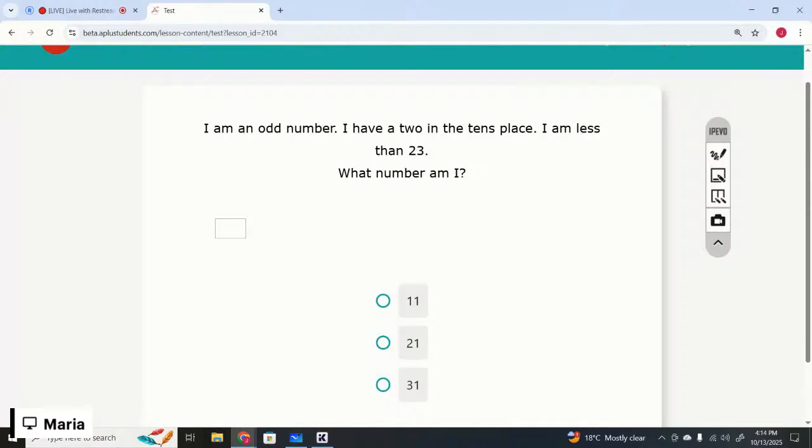I am an odd number. I have a 2 at the tens place. I am less than 23. What number am I? So which is the correct option?